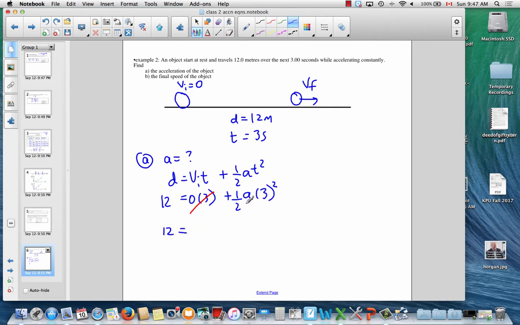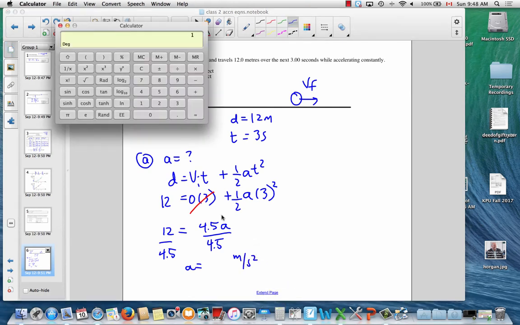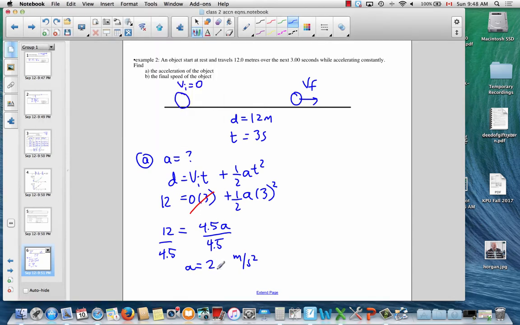On this side we have a half times a times 3 squared, which is 9 over 2, or 4.5 times a. So we just divide both sides by 4.5, and then we get, for the acceleration in meters per second squared units, the answer. And we see it's 2.6 repeating meters per second squared.